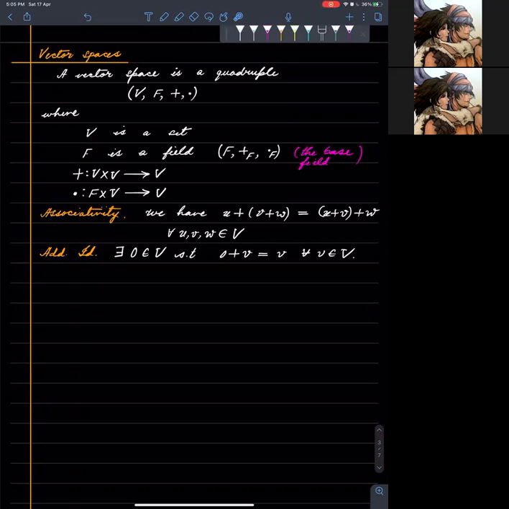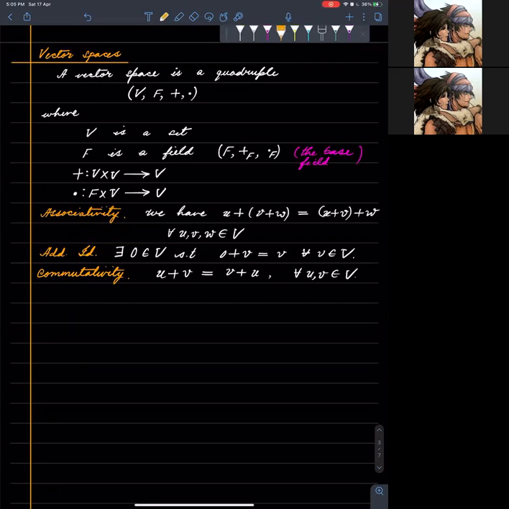It's good to use the same symbol for them, but yes, if you're seeing it for the first time, it can get confusing. We want commutativity, which says, of course, that u plus v equals v plus u for all vectors u, v.